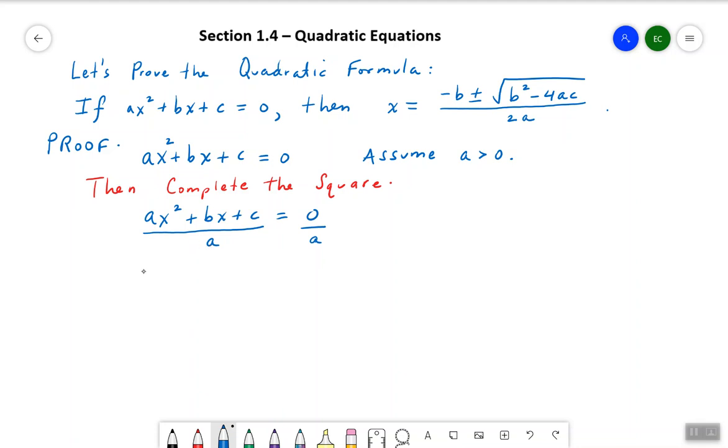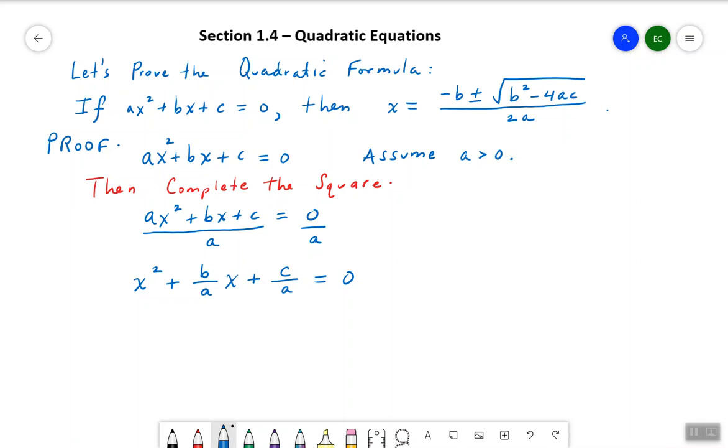ax squared over a is just x squared. And then the coefficient on x is going to be b over a. And then the constant will be c over a. And on the other side, we still just have 0, since 0 divided by a non-zero number gives us 0. Okay.